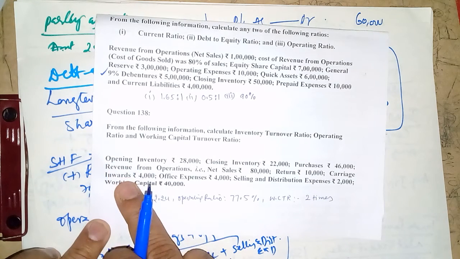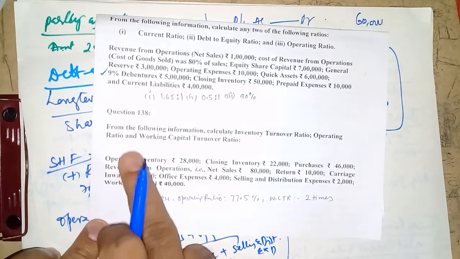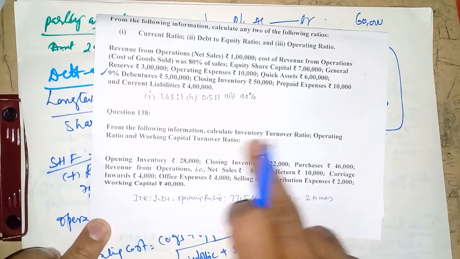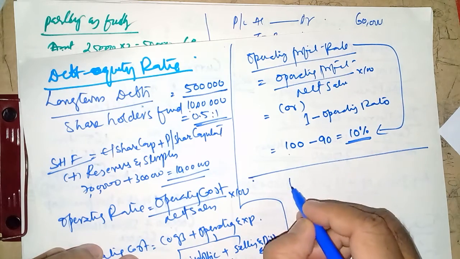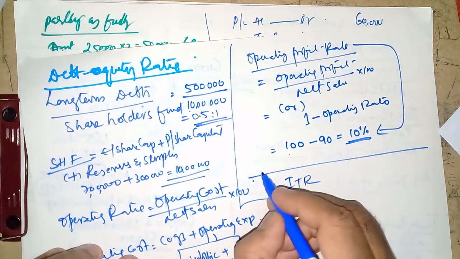First, what we need to calculate is the inventory turnover ratio. What is the formula of the inventory turnover ratio?